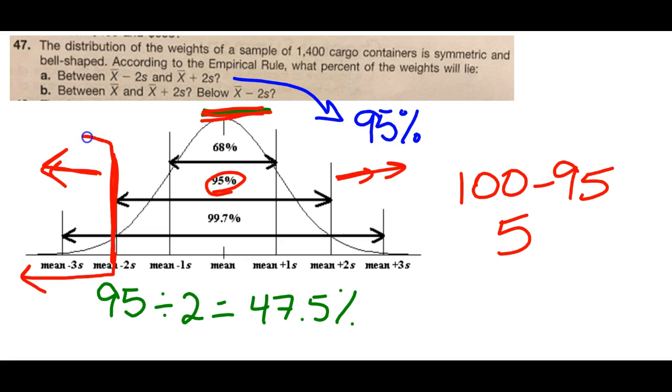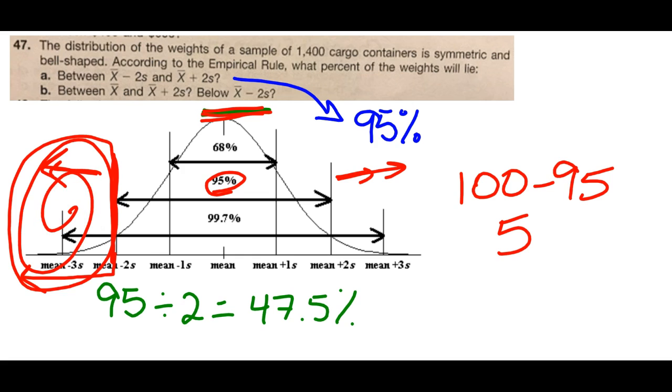We're only interested in this section here. So we are going to, again, divide by 2. 5 divided by 2 is 2.5. So our answer is 2.5% of the weights will lie below this sample mean minus 2 standard deviations.